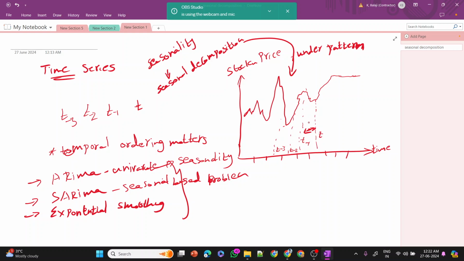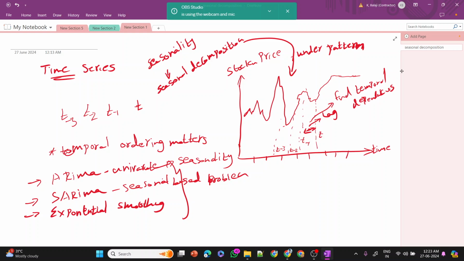This time gap is called lag. By creating this time gap, we can find temporal dependency, and depending upon this, we can predict the stock price for any time period.